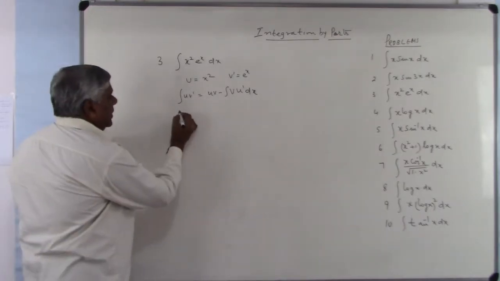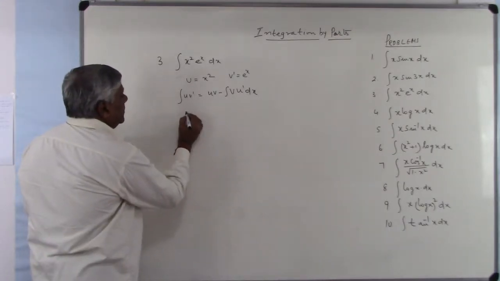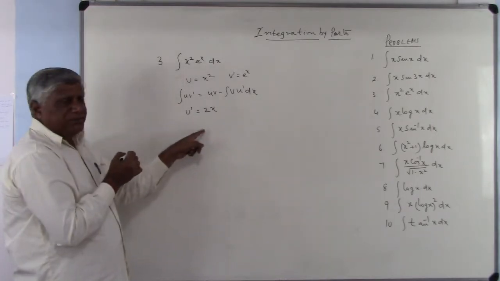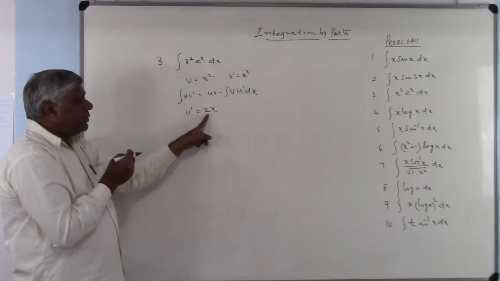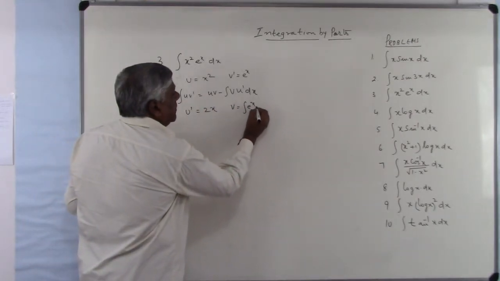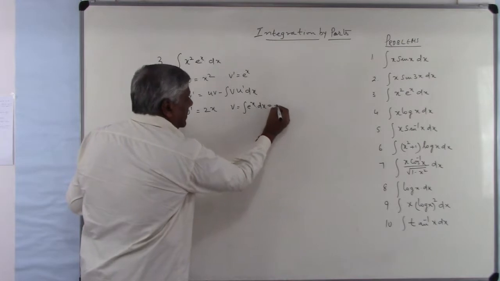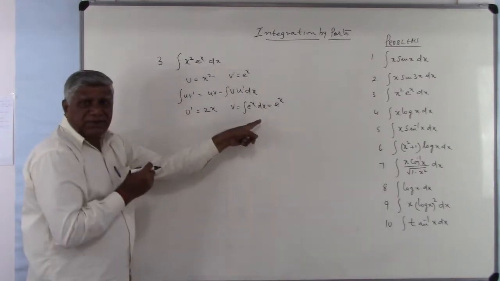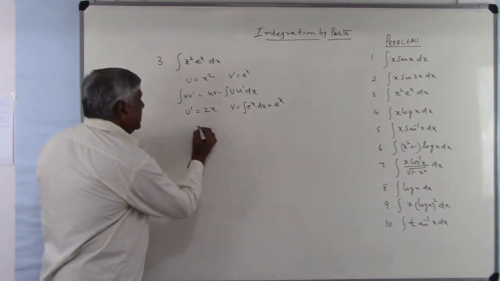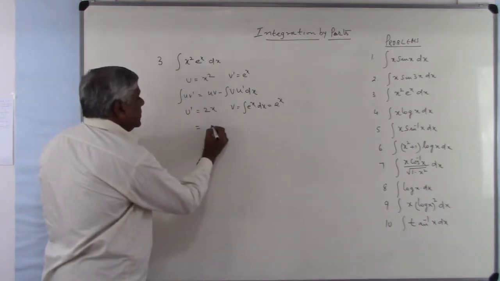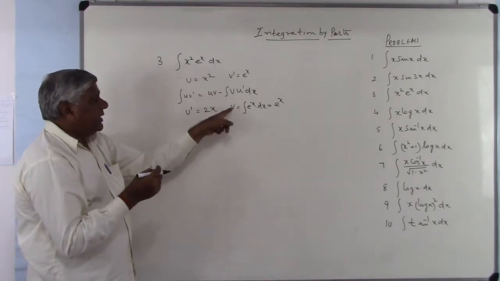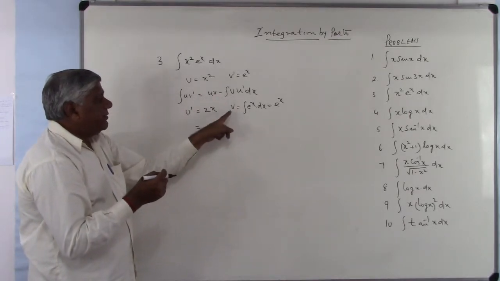Here u dash is equal to 2x, the differentiation of x square, and v is equal to integral e to the power of x dx, which is nothing but e to the power of x itself. So what happens here? This u is x square. Now what is v?